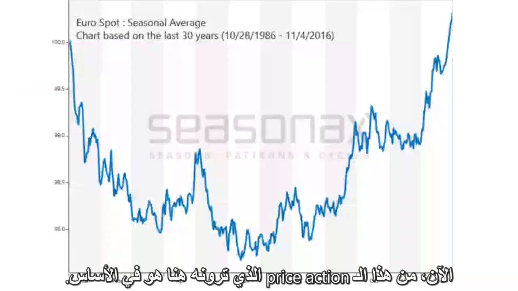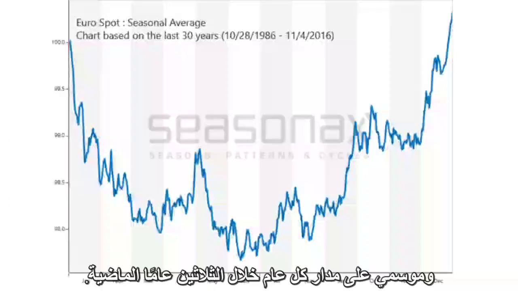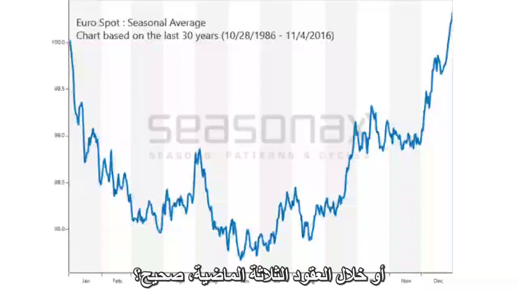Now, all of this price section that you see right here is basically a summary of what Euro USD has done periodically and seasonally over each year throughout the last 30 years or throughout the last 3 decades, right?